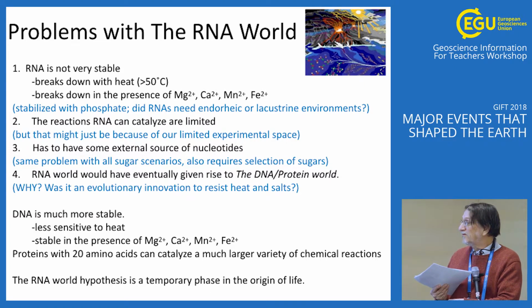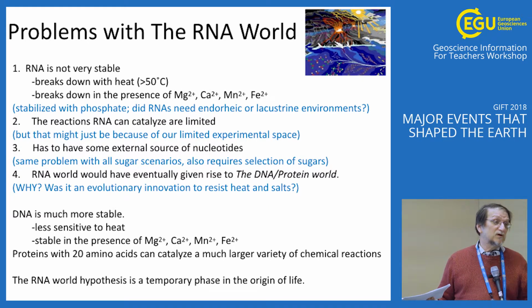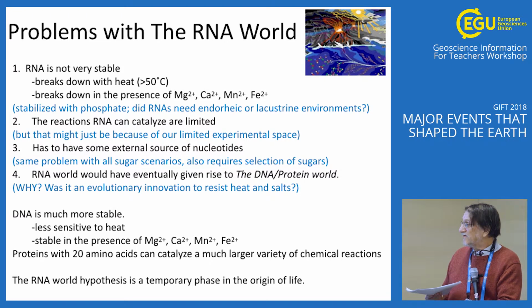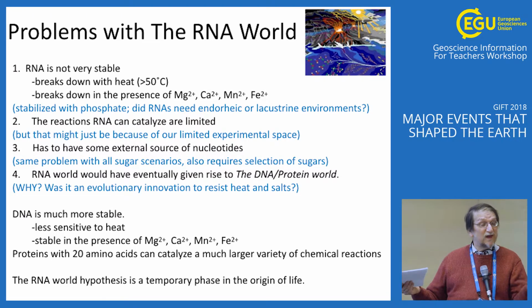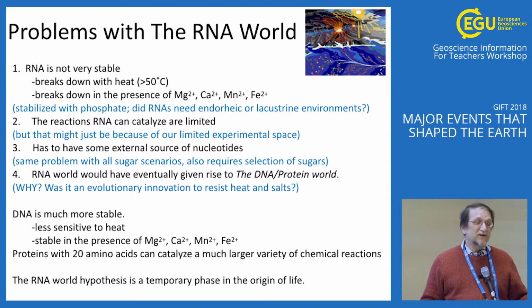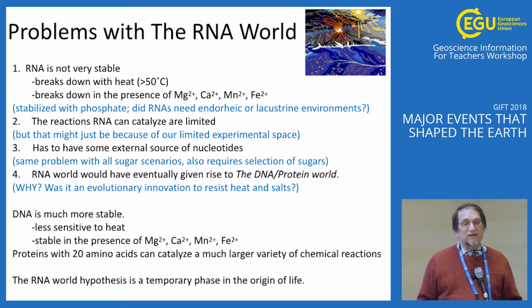That's much more stable, and it's stable in the presence of all these ions. Well, those are going to be the saltwater systems, and the proteins can be made associated with DNA. So today we have a selected number of about 20 amino acids that make up essentially all the proteins on the Earth. You know, in meteorites, we've identified about 70 different amino acids.